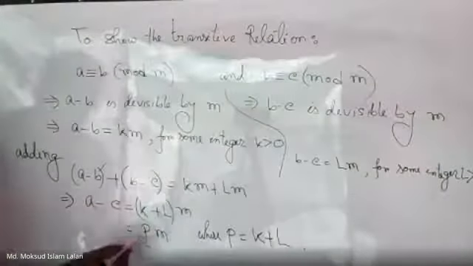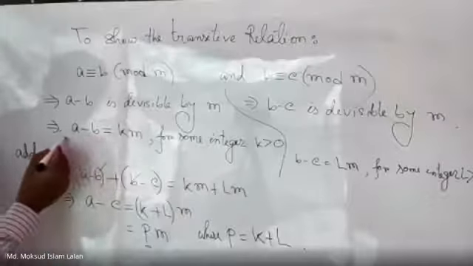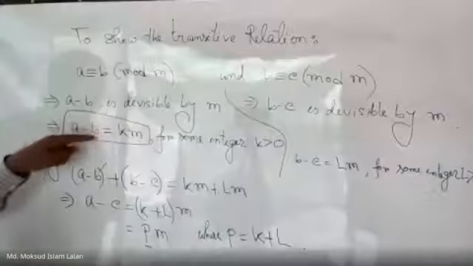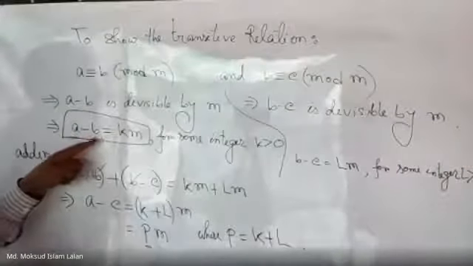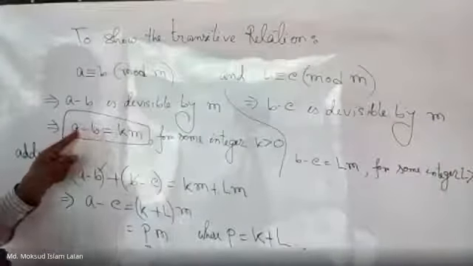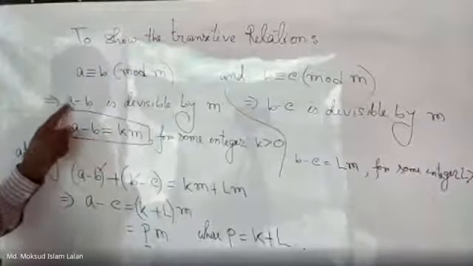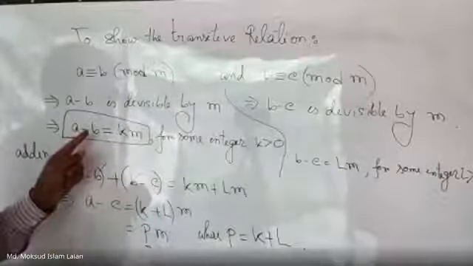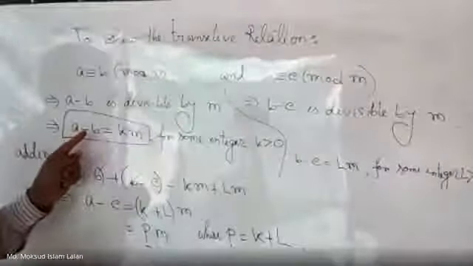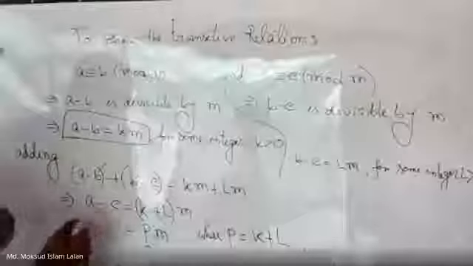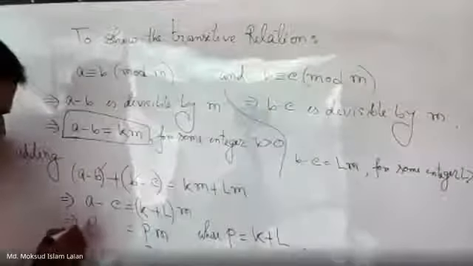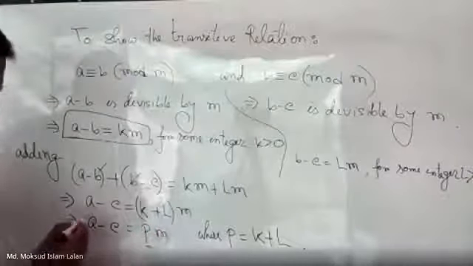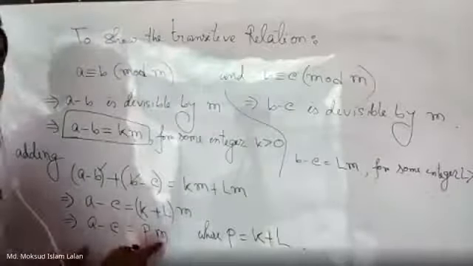So dear student, now just analyze this one. Whenever you have written this one in the previous line, what is the meaning? The previous line states that A minus B equals KM means A minus B is divisible by M, right? Yes, sir. So here it is given A minus C is equal to PM, means A minus C is divisible by M, right?